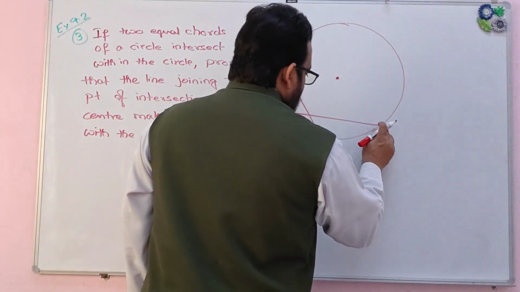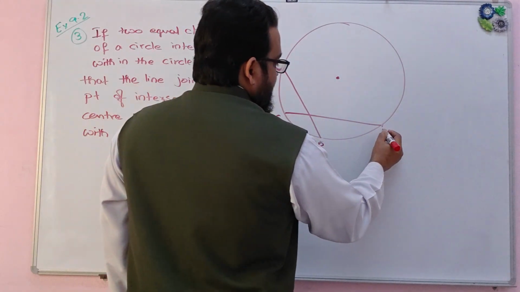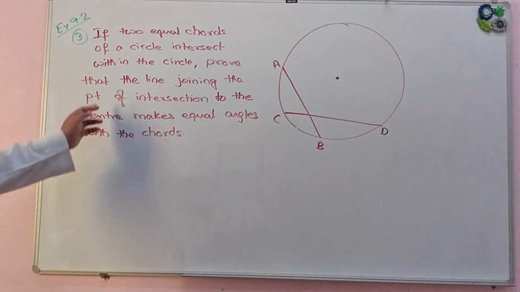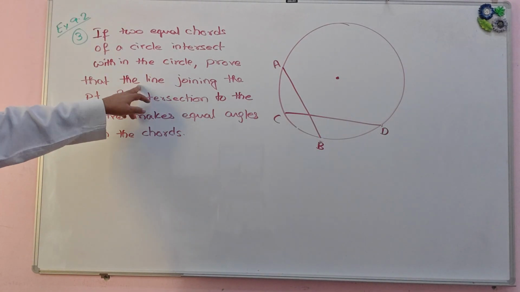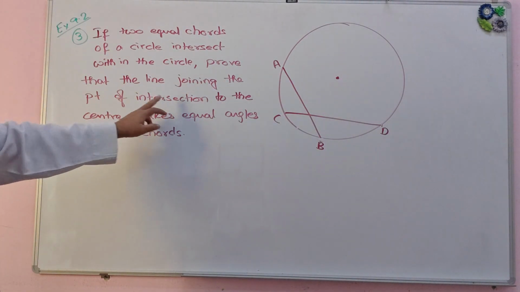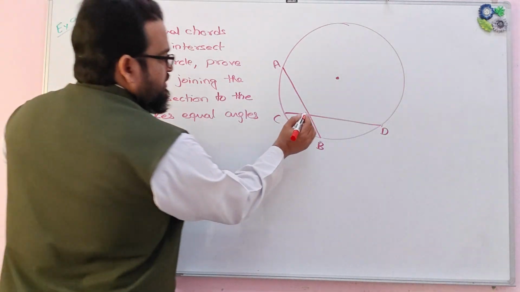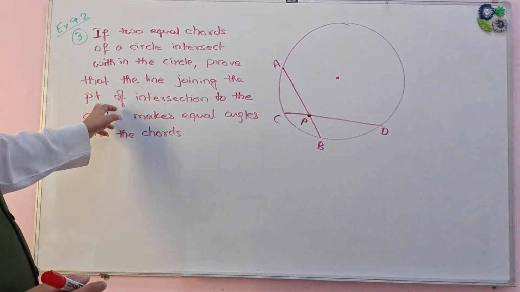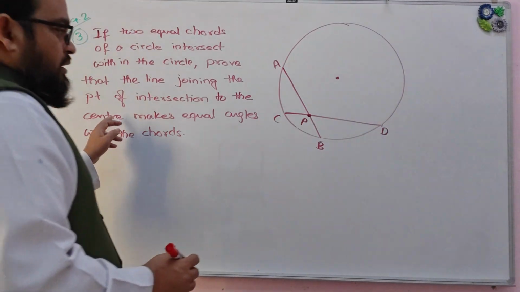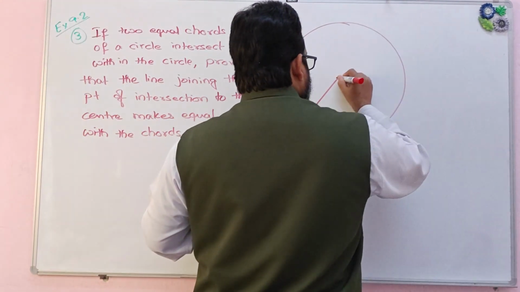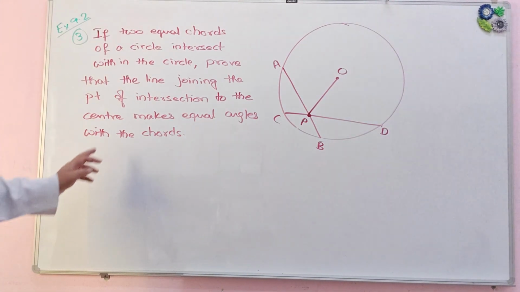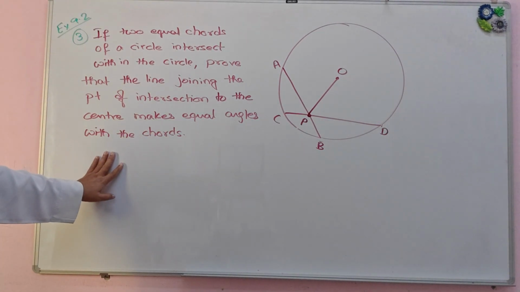Prove that the line joining the point of intersection, so P, the line joining the point of intersection to the center. So join the line. Let us say this is center. Makes equal angles with the chords.